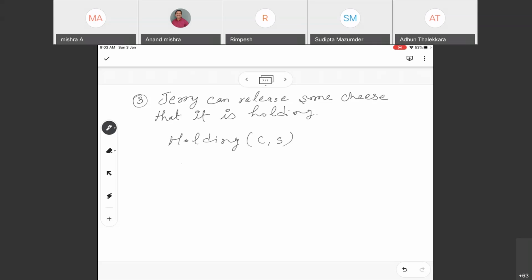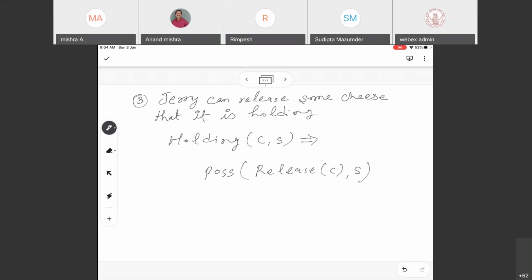So holding C, S will lead to the possibility of release C. Okay, so this is how you write possibility axioms.